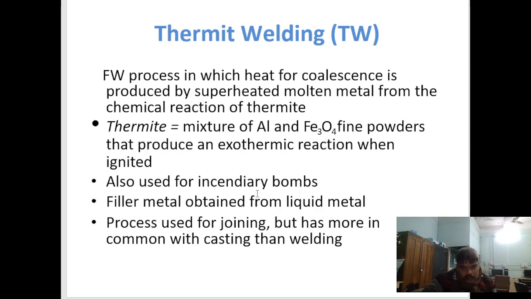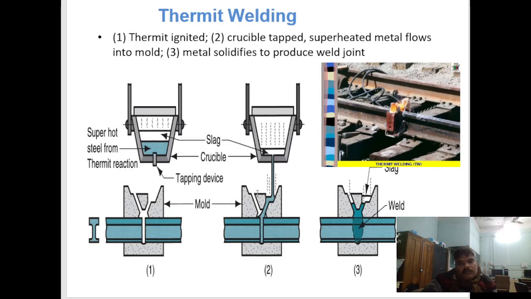Also used for incendiary bombs. Filler metal obtained from liquid metal process used for joining but has more in common with casting than welding. This is the figure, where thermite welding is used for joining two railway tracks. Thermite ignited, crucible tapped, superheated metal flows into mold, metal solidifies to produce weld joint.